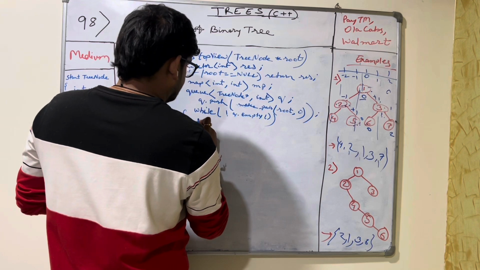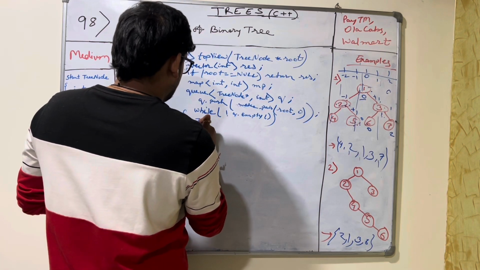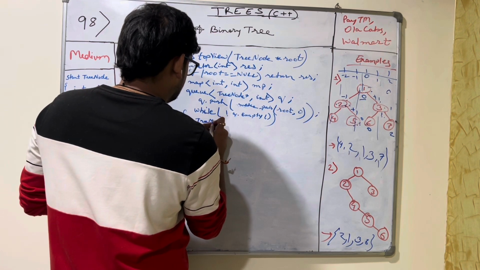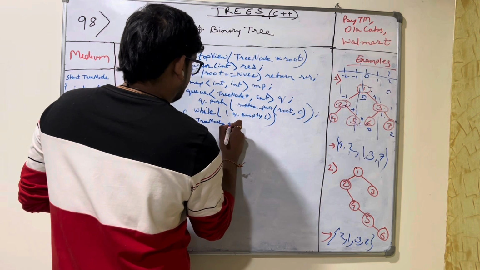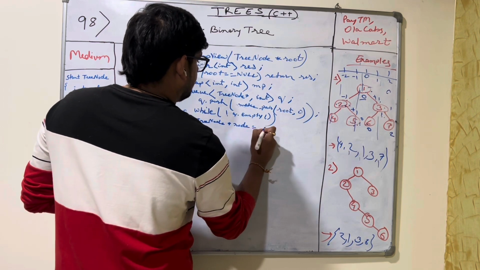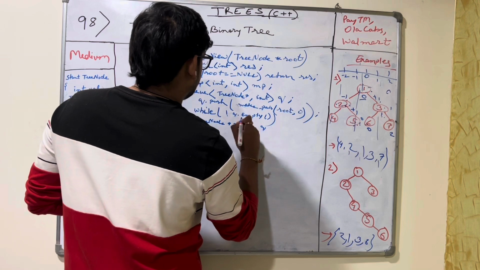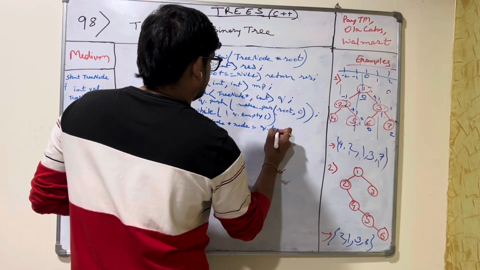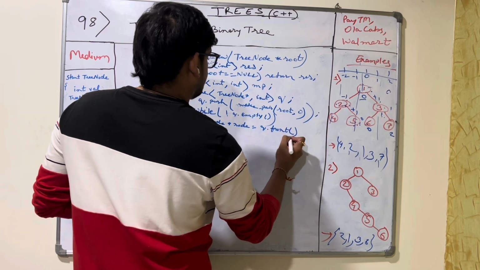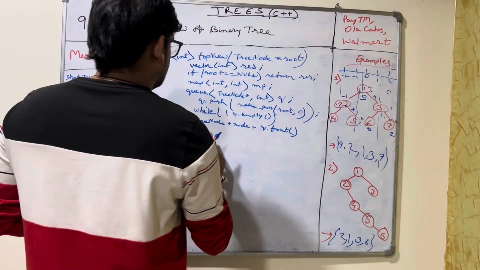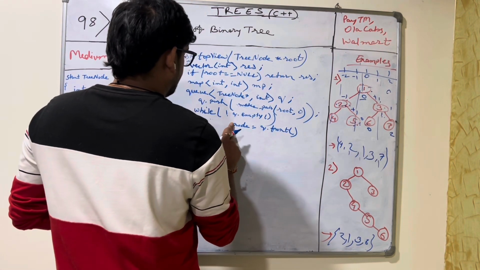Now what we'll do, we'll have a pair of node and int, and with this q, q dot front will have this, not the tree node, we will get the whole thing.